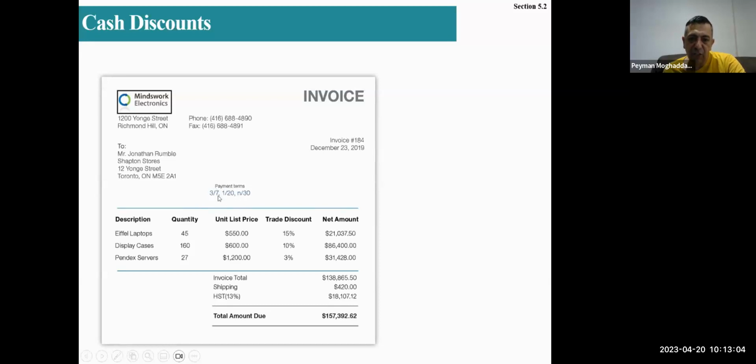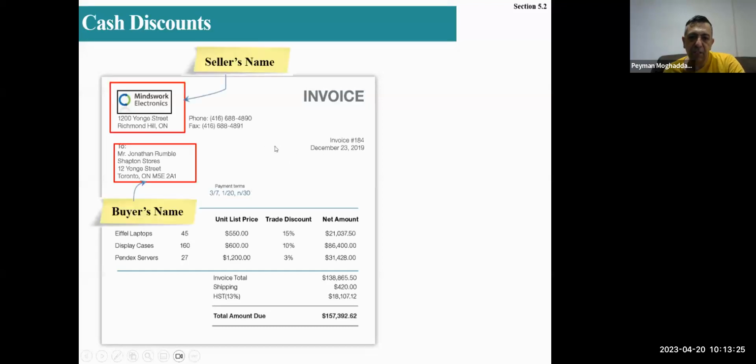If you pay after 7 days but before 20 days, you get a 1% discount. If you pay after 20 days but before 30 days, you pay the net price. And for sure, if you pay after 30 days, there is some penalty, which is not mentioned in the invoice. Okay, so that's how you read these payment terms.